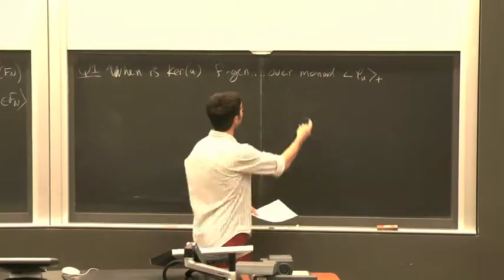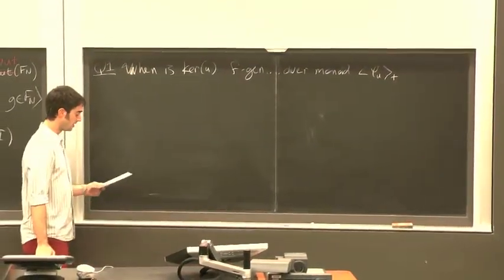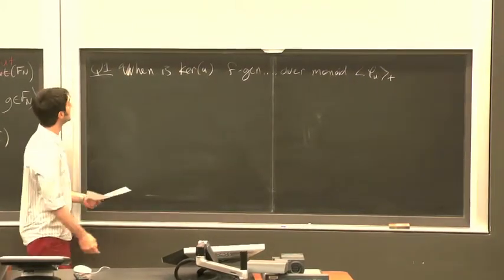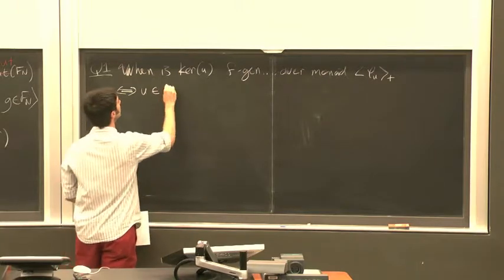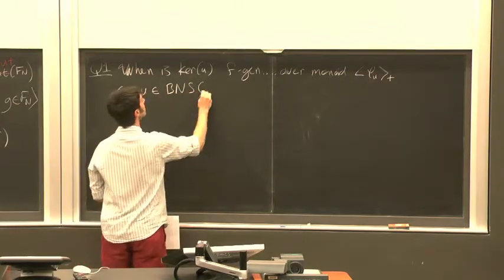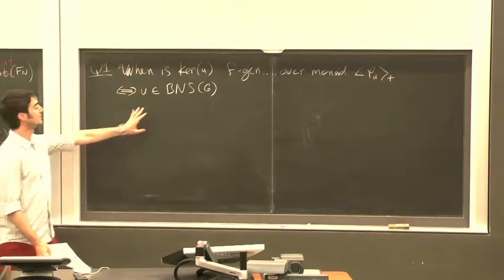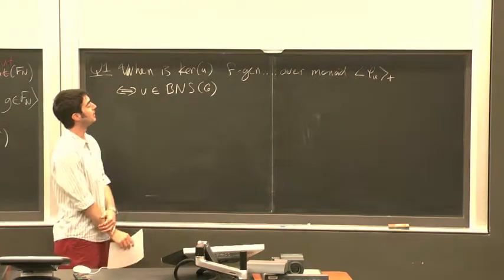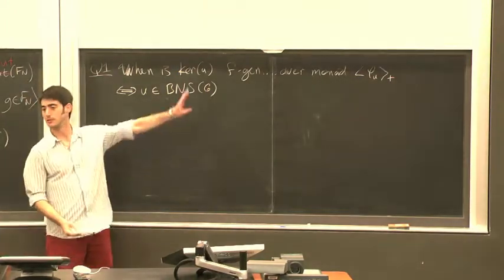Well, it turns out this is equivalent to some kind of classical condition called being in the Bieri–Neumann–Strebel invariant. Okay, so this is equivalent to you being in what's called the BNS-invariant of the group G, which has some definition, but for integral classes, it turns out to be exactly what I wrote down.